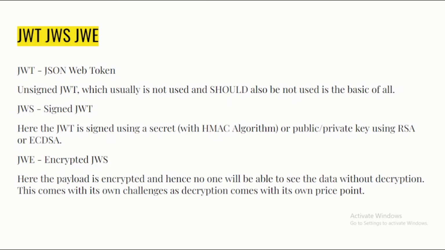Here the payload will be encrypted, hence no one will be able to see the data without decrypting it. Now this comes with its own challenges. Because you need to decrypt every token, it will take time and bandwidth, so it has its own price point.